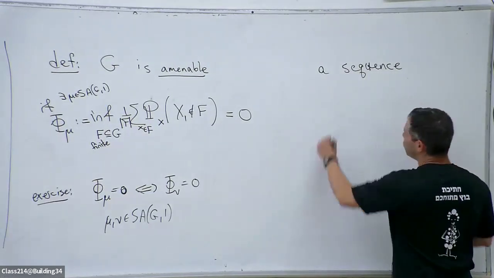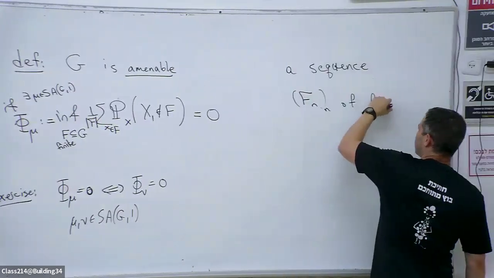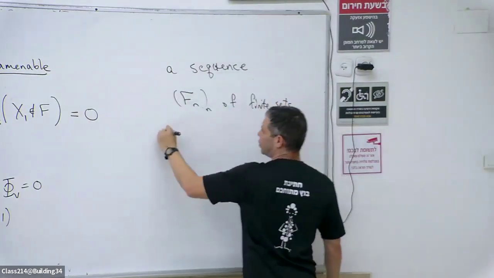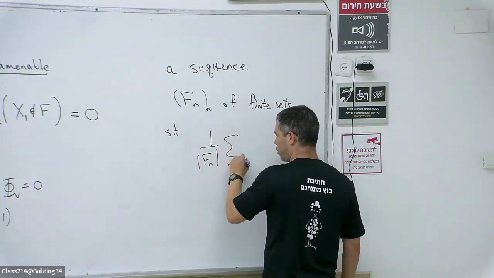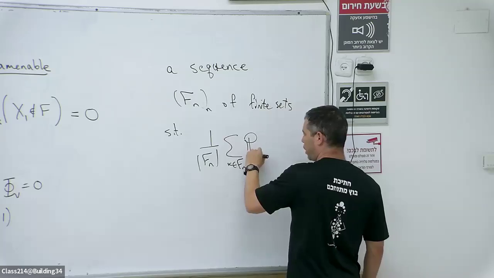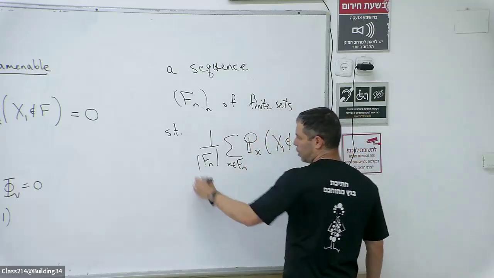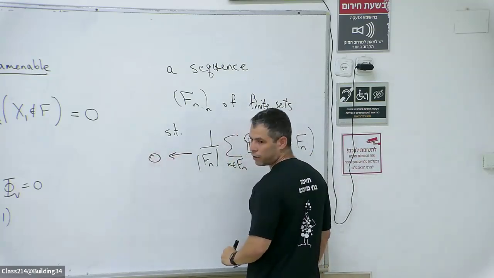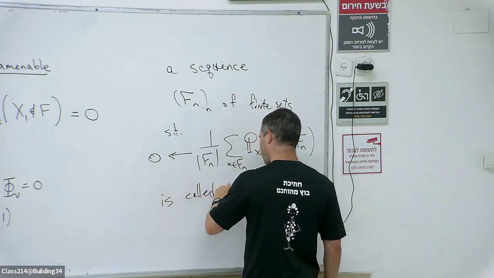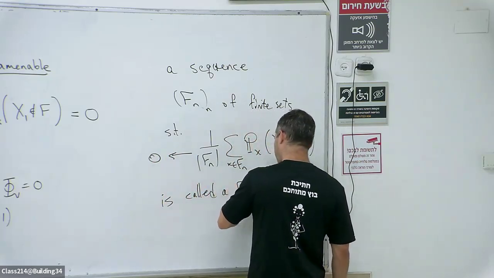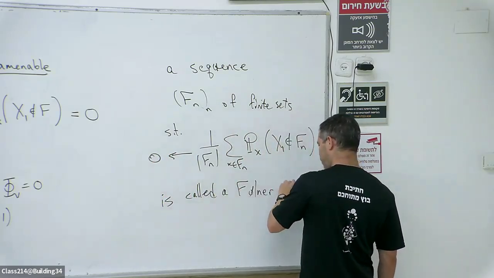A sequence Fn of finite sets such that this quantity, 1 over |Fn| summing over x in Fn of the probability starting at x that x1 is not in Fn, converges to 0, is called the Følner sequence.